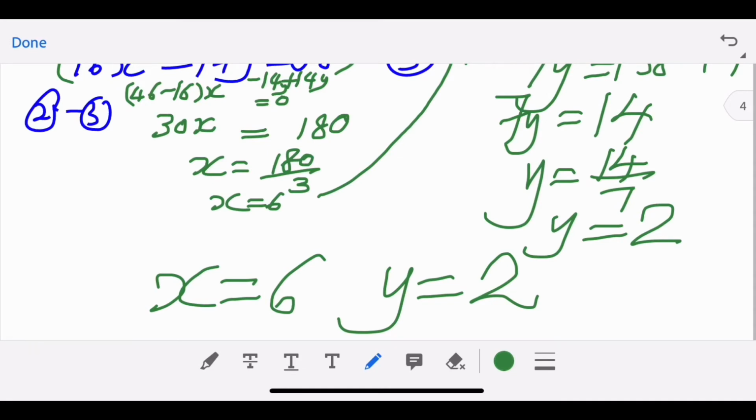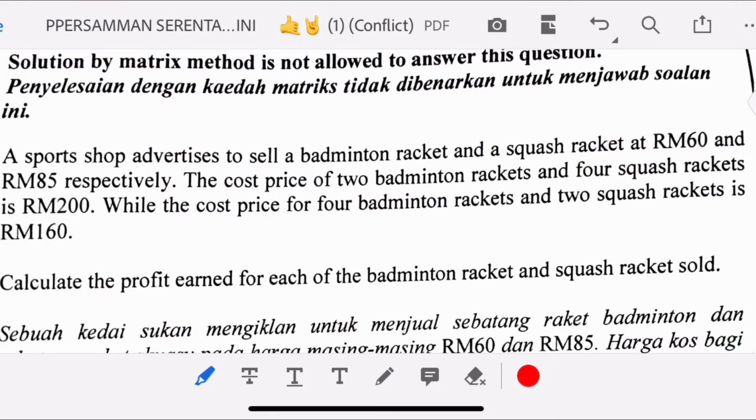Okay, now let's see the last question. A sports shop advertises to sell a badminton racket and a squash racket at 60 ringgit and 185 ringgit respectively.